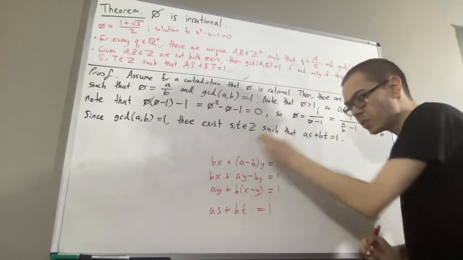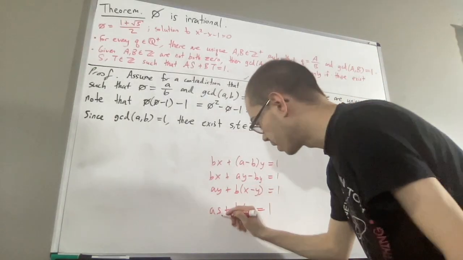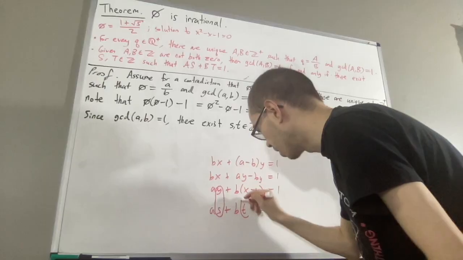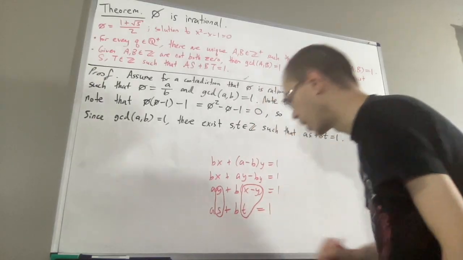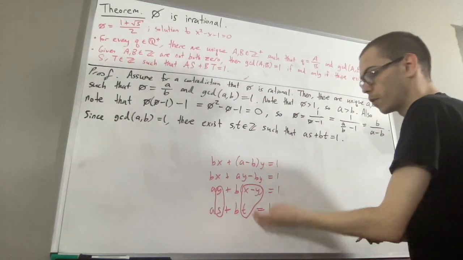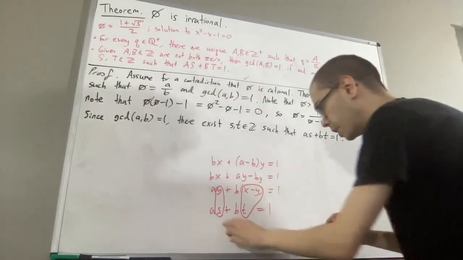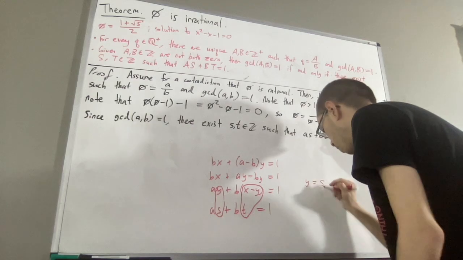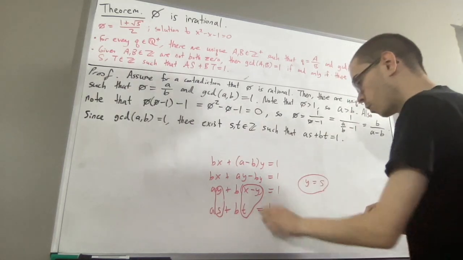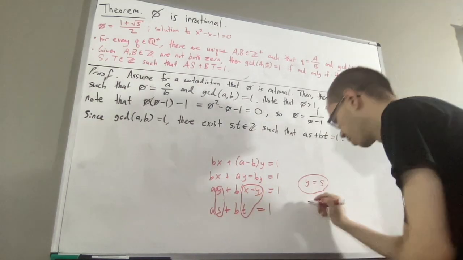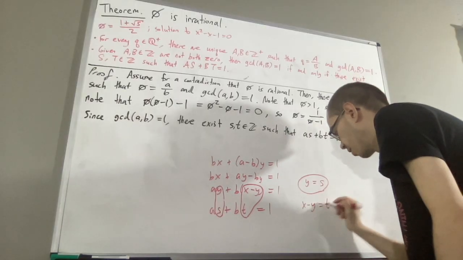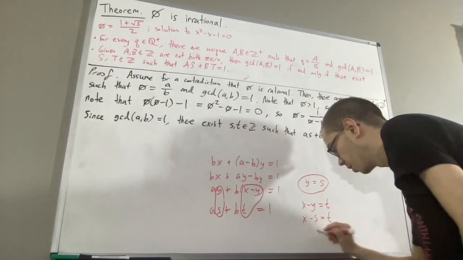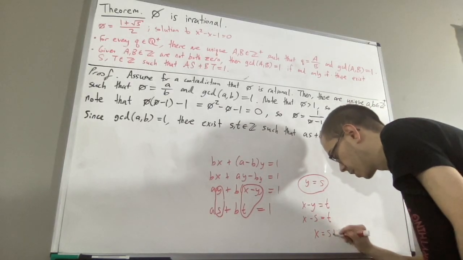So if we choose x and y so that s is equal to y and t is equal to x minus y, then that should give us what we want. So we need y equal to s, and therefore, x minus y equals t. So plugging y in for s, we have x minus s equals t, so that x is equal to s plus t.